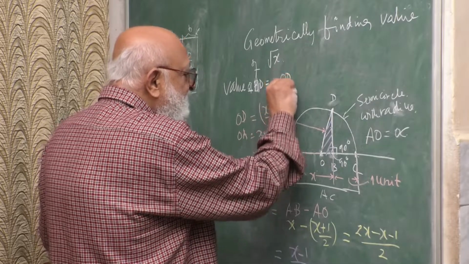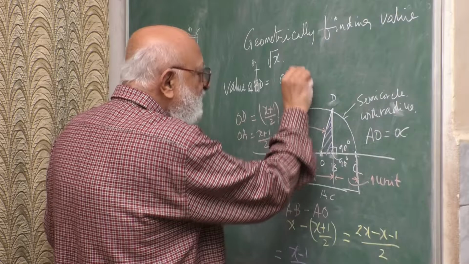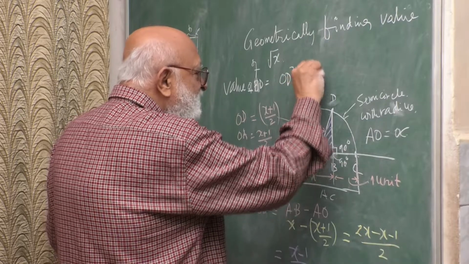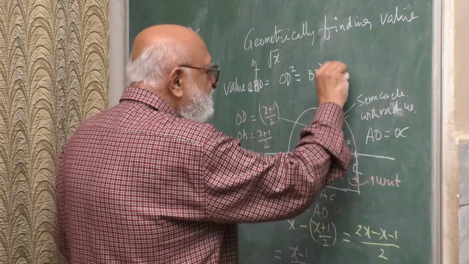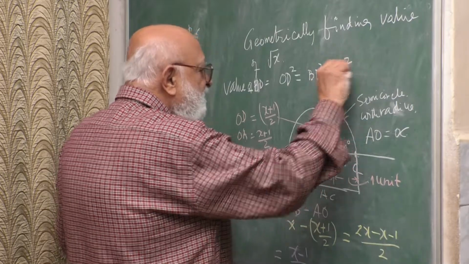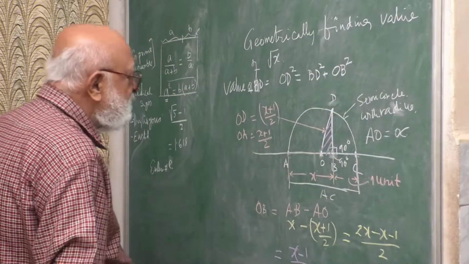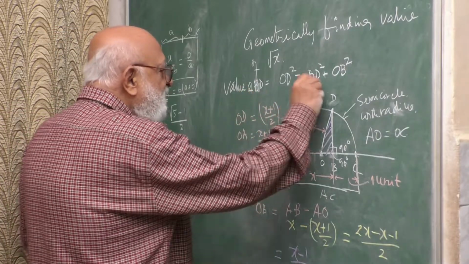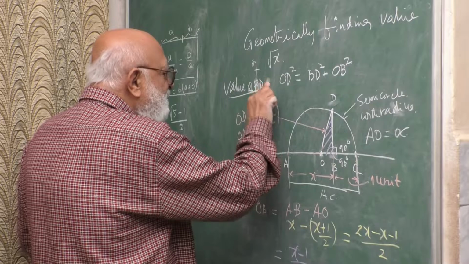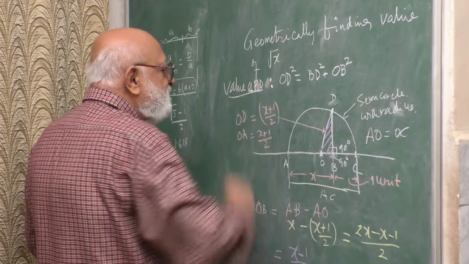OD square is equal to BD square plus OB square. Everybody agrees with this? Okay. So the value of BD will be equal to this.